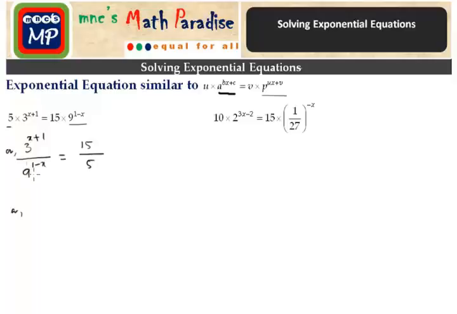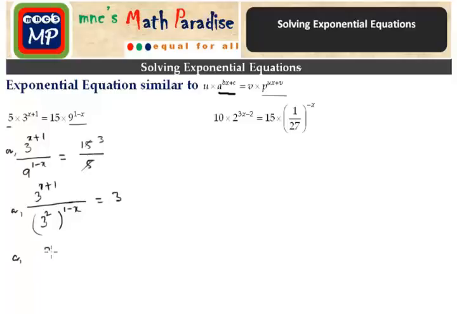We will write every term in its prime factors. So 3 to the power x plus 1 will remain as it is, but 9 we can write as 3 squared, to the power 1 minus x, and here 15 and 5 will cancel each other and we will get 3.